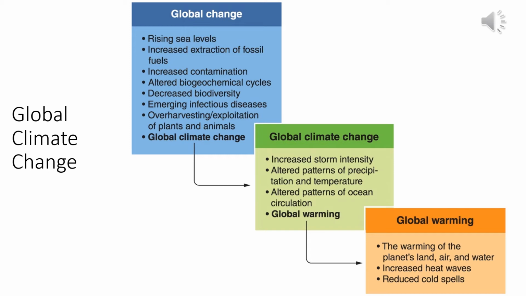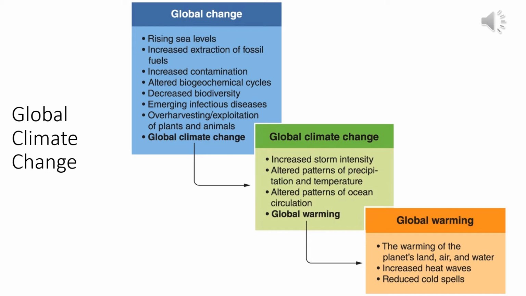Global climate change is part of a larger problem, and that is called global change. Overall global change includes rising sea levels, increased use of fossil fuels, atmospheric and water contamination, loss of organisms, and increase in diseases.